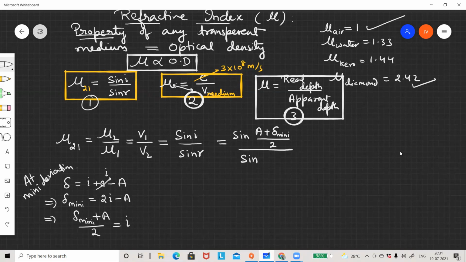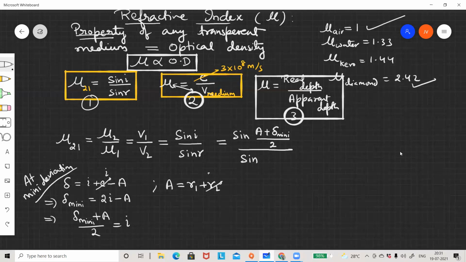At minimum deviation, that happens in a prism, angle of prism is equal to the sum of the two angles of refraction, because there are two refracting surfaces for a prism, as the ray of light is incident and exits.